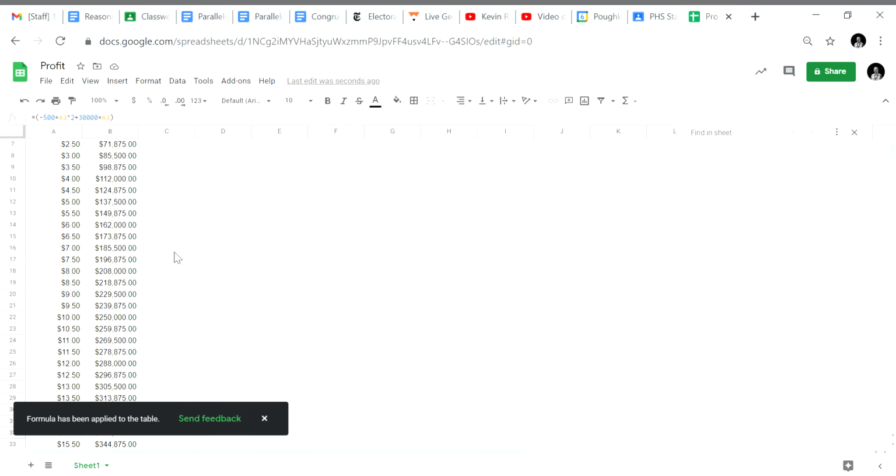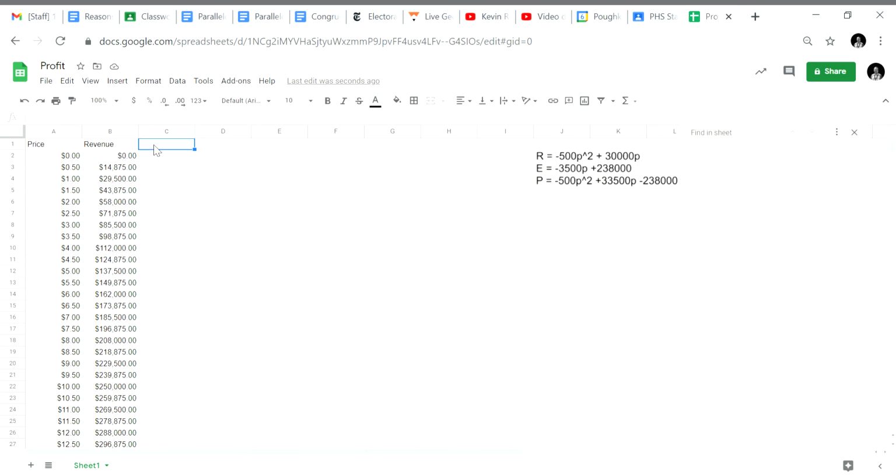Okay, very good. So now let's do expense. And the expense function is over there. It's going to be equals, parentheses, negative 3,500 times cell A2 plus 238,000.